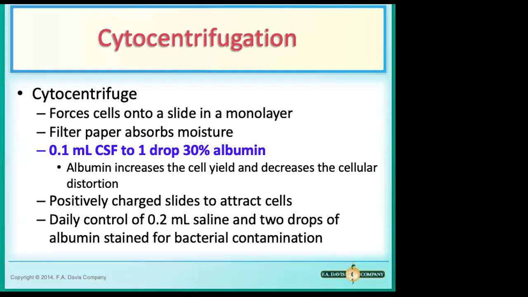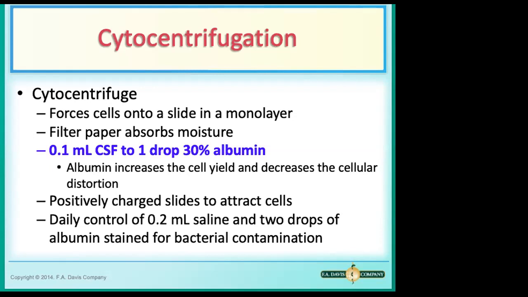Positively charged slides are used to attract the cells, and you can use daily controls of 0.2 mL of saline and 2 drops of albumin stained for bacterial contamination. So this is kind of like a control slide to make sure that there's no bacteria present in your actual sample.